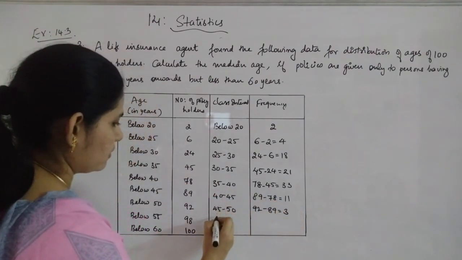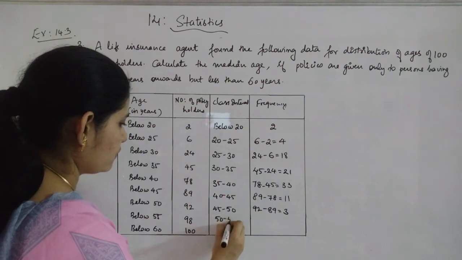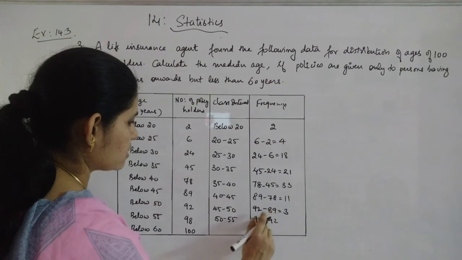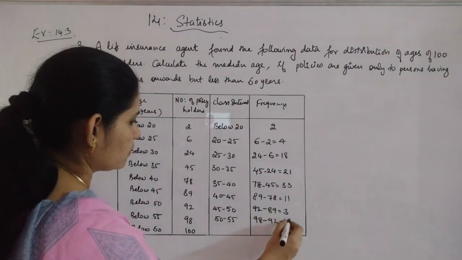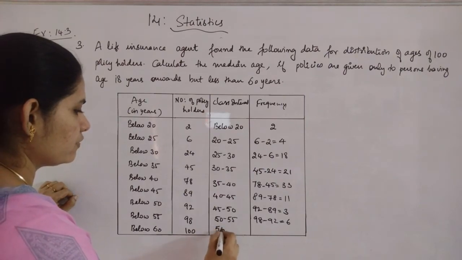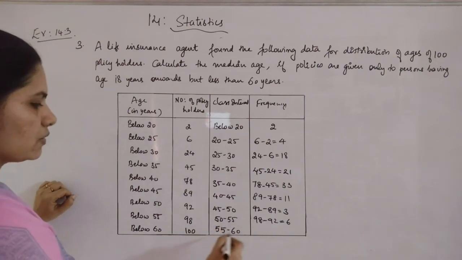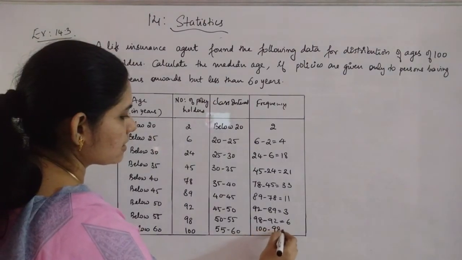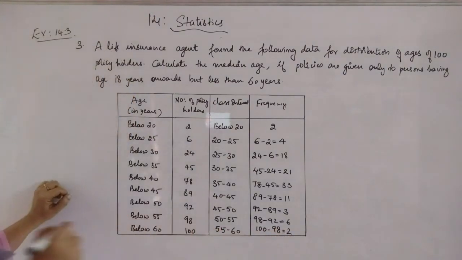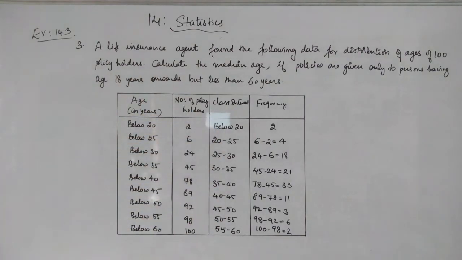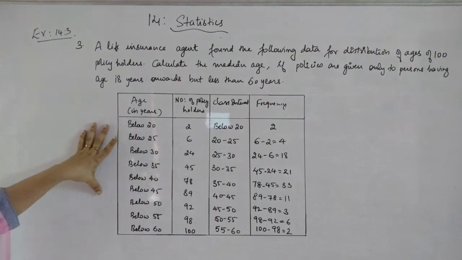Then 50 to 55, which is 98 minus 92, will give you 6, and from 55 to 60 you will have 100 minus 98, which is 2. So these are the corresponding frequencies and class intervals for the given data.